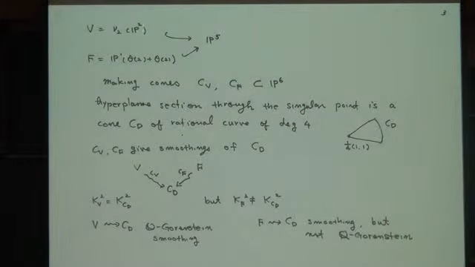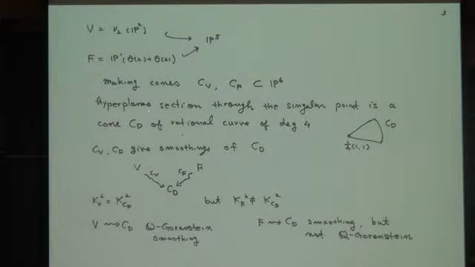So consider P2 embedded by Veronese, degree 2, so we embed in P5, and also embedding P1 cross P1 in P5, and then considering the cone over this V and F in P6. Then the hyperplane section through the singular point of the cone is a cone over a rational curve of degree 4.